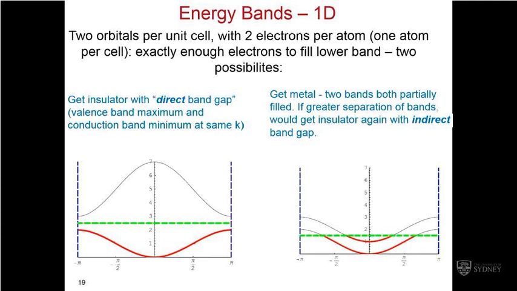So this is metallic. The details of the band structure depend very much on the kind of material and the kind of structure that you have. It's not always this kind of idealized situation.